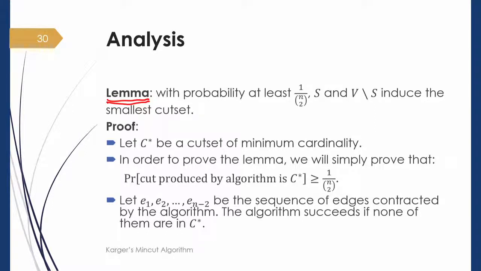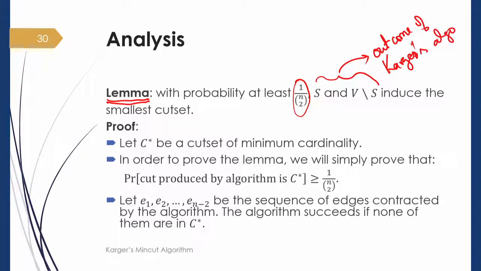With probability at least 1 over n choose 2, the sets S and V minus S, these are the sets that come out as an outcome of Karger's algorithm. These two sets, this partition induces the smallest cut. And this is the claim that we want to prove.